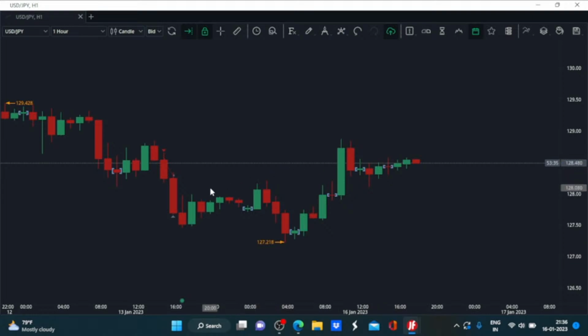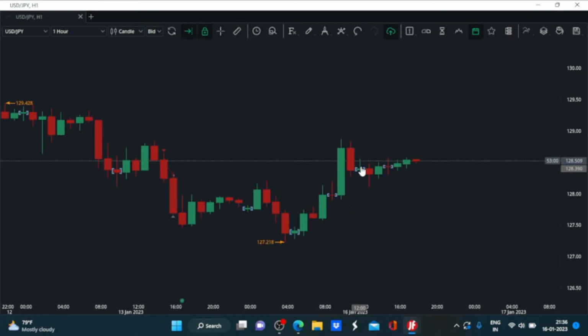Now, coming to the use, how you can utilize this formation to look for opportunities, that is the most important question. If we have seen significant price moves on either side, say bullish moves in the prior hours leading up to the high wave candle, and after that we see this high wave candle formation, that means the market has reached a state where indecisiveness is prevailing.